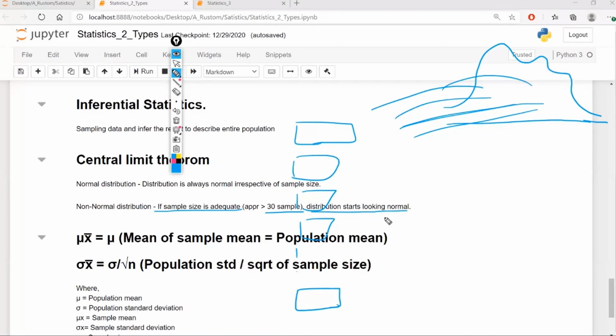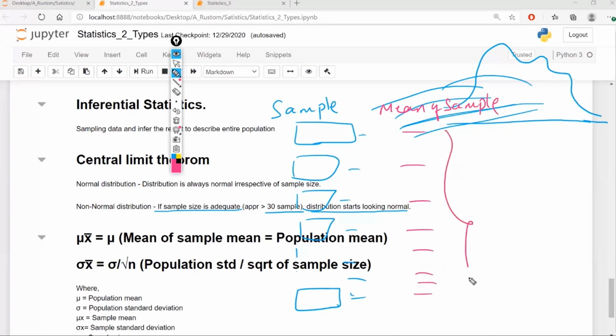So how is that? Suppose I have taken a sample here. I will take a mean of all these samples, and I will get a mean of the sample.